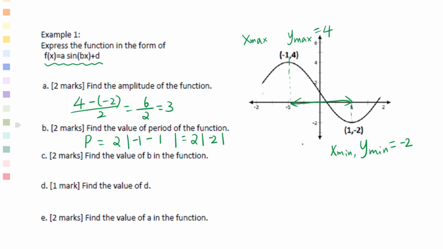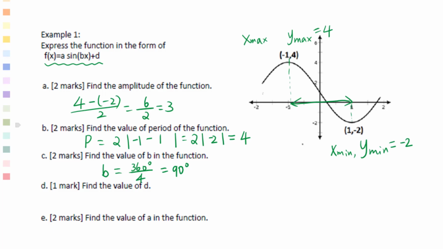Absolute value of -2 is a positive 2. Therefore, period of this function is 4. Find the value of b in the function. B equals 360 degree over period. Period is 4. 90 degree.